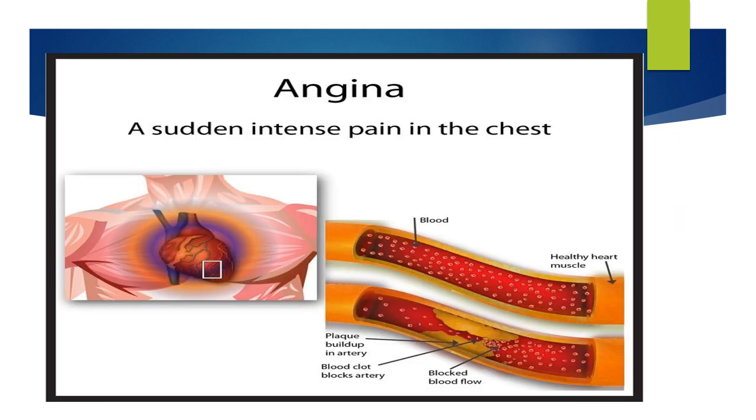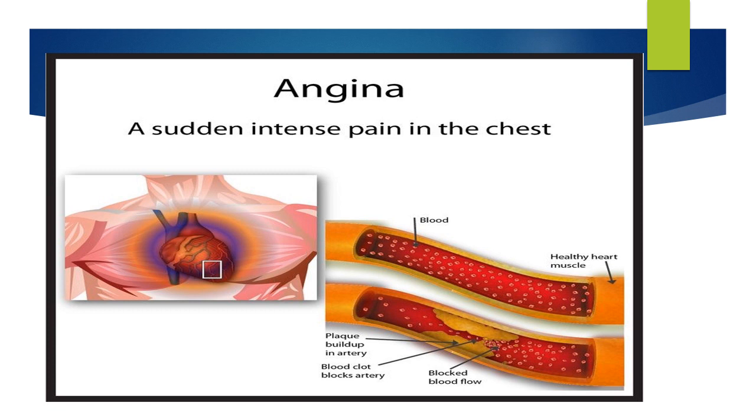In today's topic, we will be learning about one of the main signs and symptoms a patient will experience when there is excess plaque buildup in the coronary arteries. The main signs and symptoms are chest pain and shortness of breath. Angina, in simple words, means a sudden intense pain in the chest.